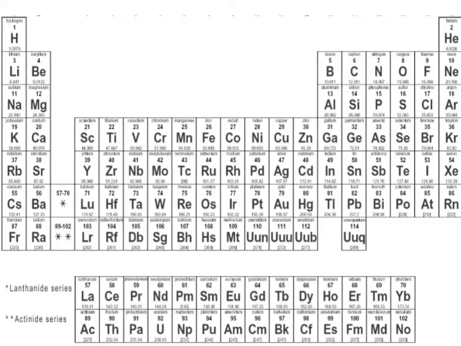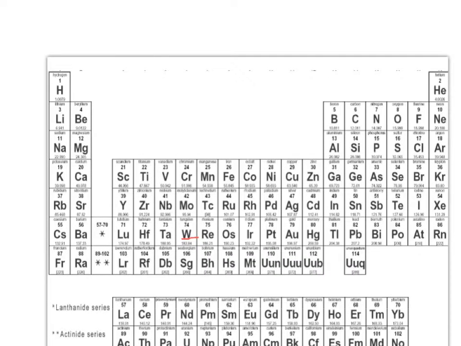Alright, here we go. We have a periodic table right here. So what you want to do is start all the way to the left with hydrogen, and you are going to write a 1 over hydrogen. Next one is the second column, which starts with beryllium. You're going to put a 2.